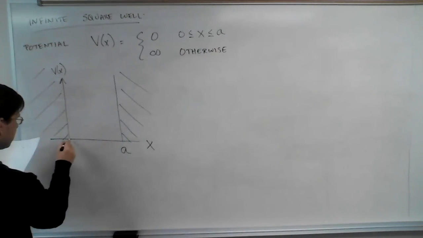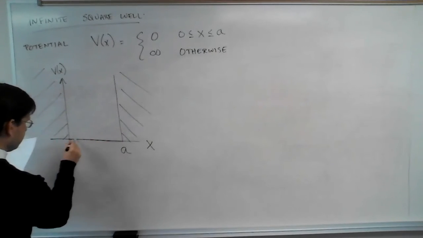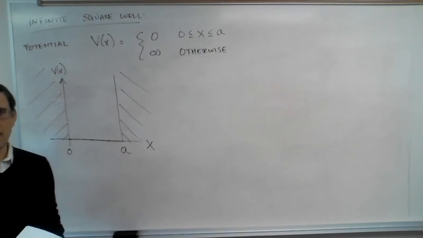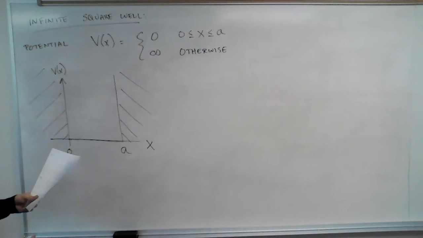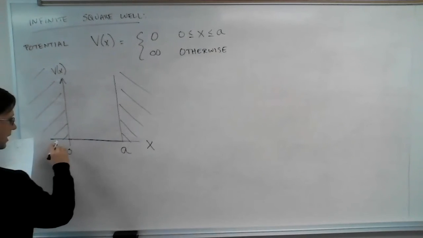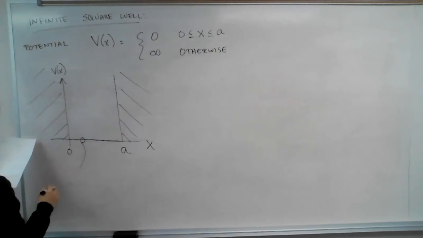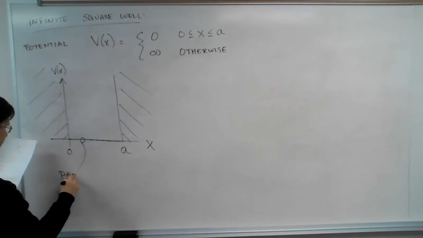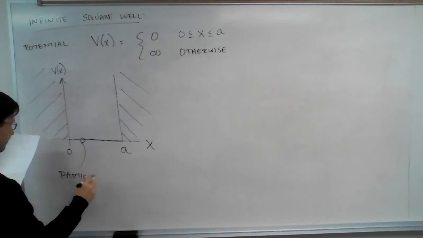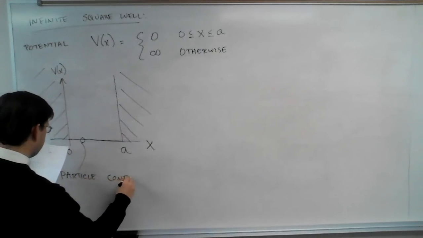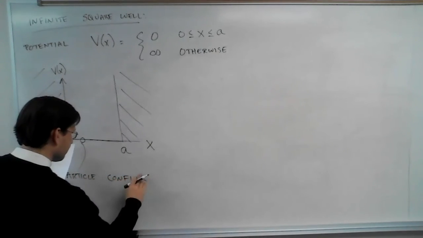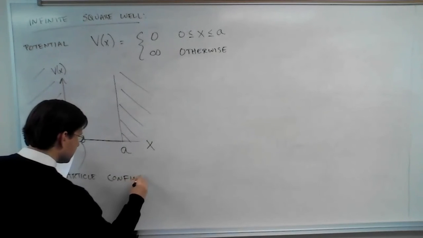And then the potential is 0 between x equals 0 and x equals a. So what we're really saying is that the particle is trapped inside of this box and it's confined somewhere inside.